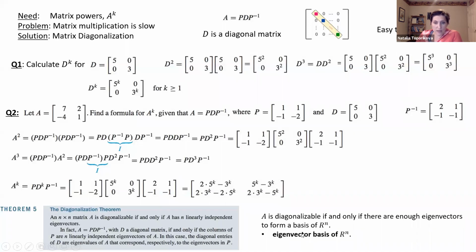And we call this basis an eigenvector basis of Rn. When we have this eigenvector basis, life is truly beautiful. We can take our eigenvectors, put them into a matrix, and they form our matrix P. Then we can take the eigenvalues, put them on the diagonal of the diagonal matrix, and we will get a matrix D.